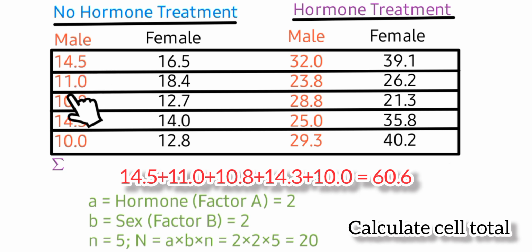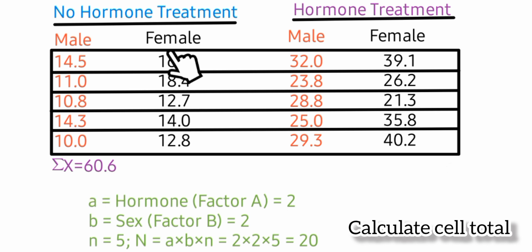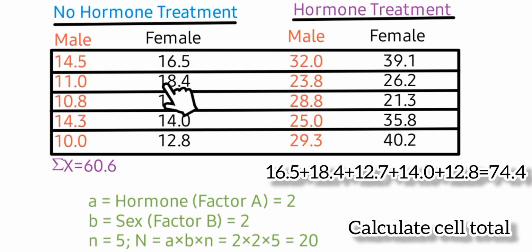14.5 plus 11 plus 10.8 plus 14.3 plus 10 is 60.6. For female with no hormone, the cell total will be 16.5 plus 18.4 plus 12.7 plus 14 plus 12.8, which is 74.4.